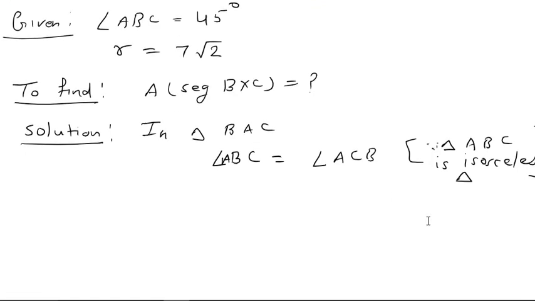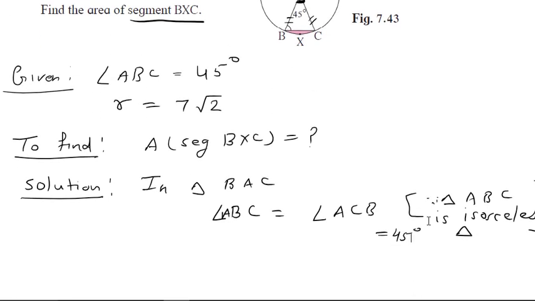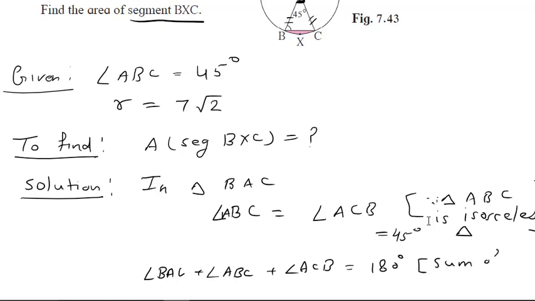Now angle ABC is 45, so this is equal to 45. Now sum of three angles of triangle is 180 degree. So here angle BAC plus angle ABC plus angle ACB, their addition is 180 degree. The reason is sum of angles of triangle.